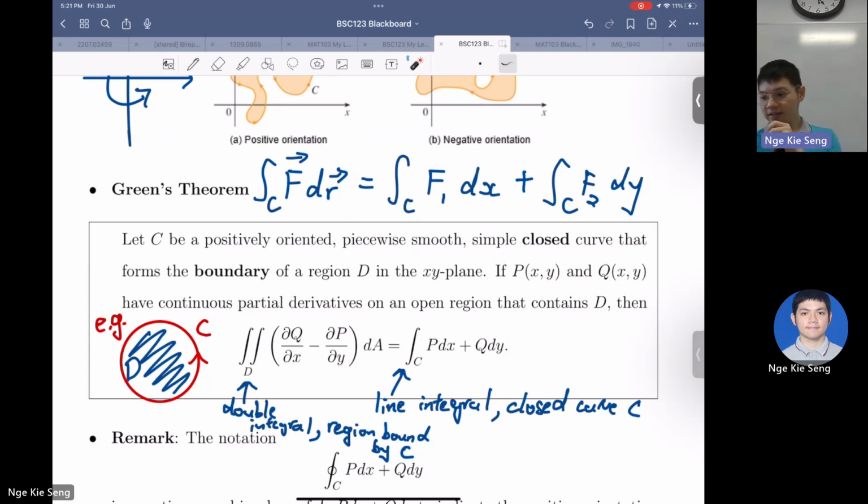No. You see, for the function of x, you differentiate with respect to y. For the function of y, you differentiate with respect to x. So it's opposite. And then you take minus on the derivative with respect to y.